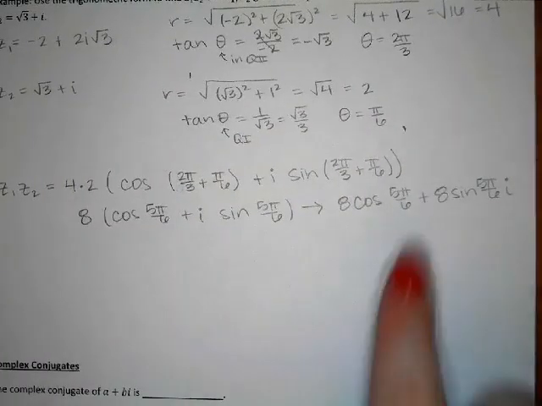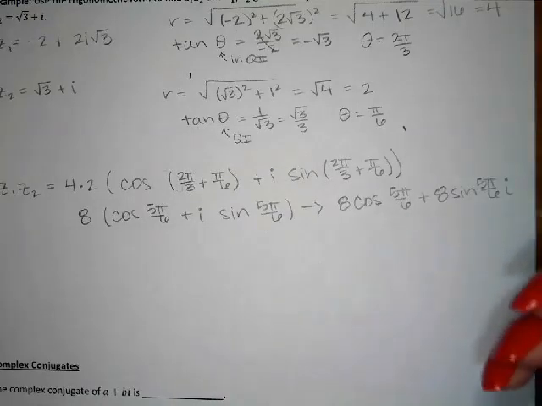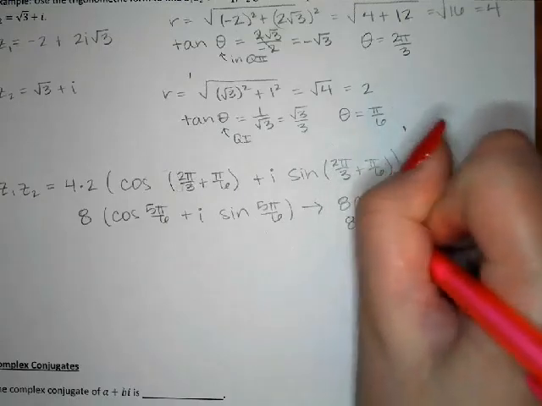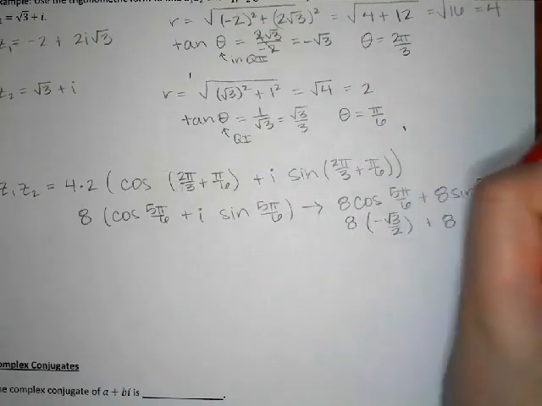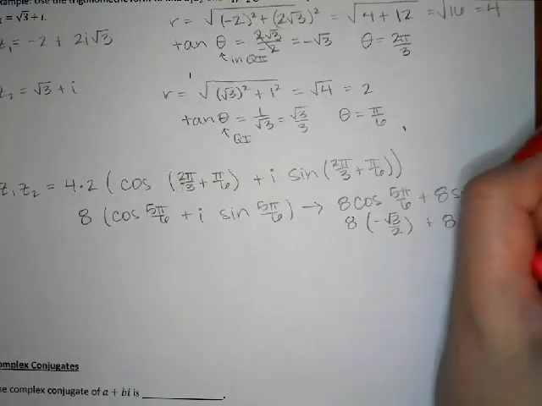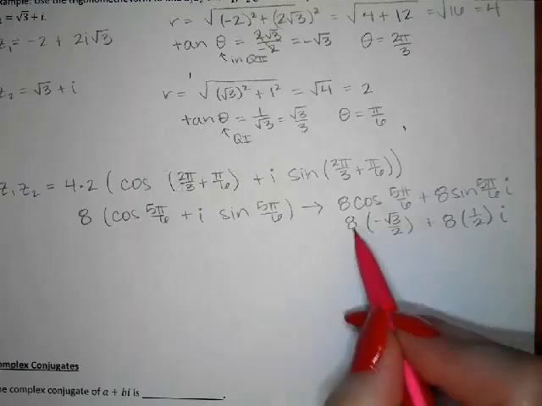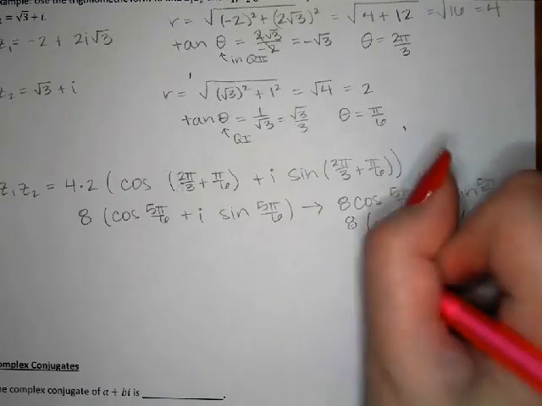So this is 8 times negative root 3 over 2. Sine of 5 pi over 6 is 1/2. So 8 divided by 2 is 4. So we have negative 4 root 3 plus 4i. Okay, so there's our product.